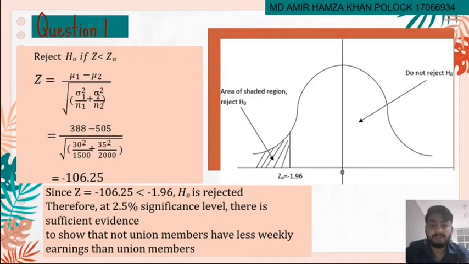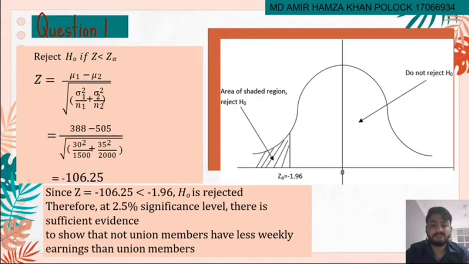So we will get minus 106.25. Now we can see that z is going to be minus 106.25, which is smaller than z alpha, that is minus 1.96.